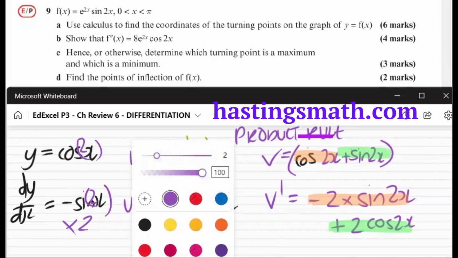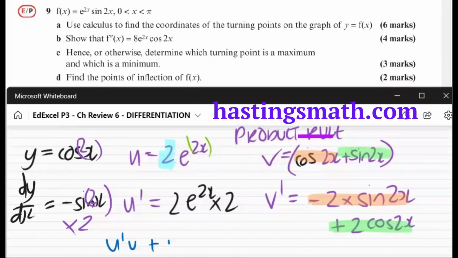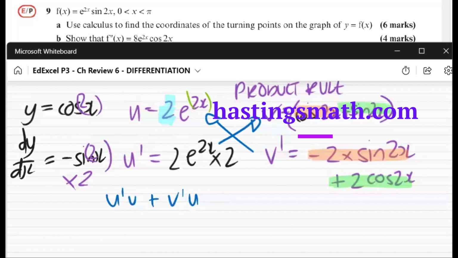Product rule is u dash v plus v dash u. So we go from u dash to v, and we go v dash to u. So u dash v is, well, we had 2 times 2, which is 4.